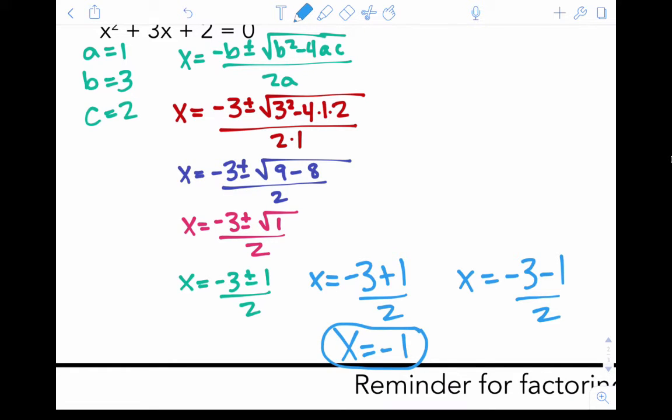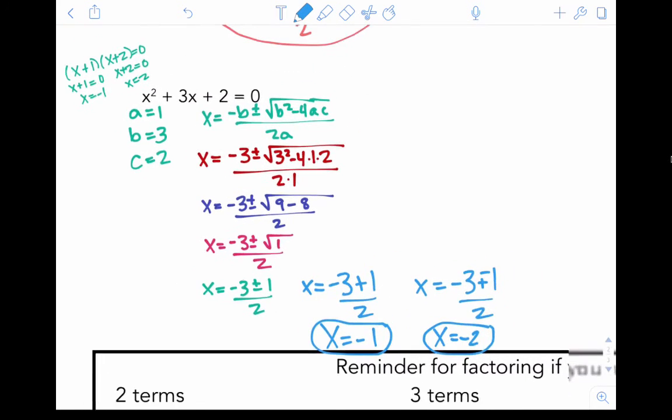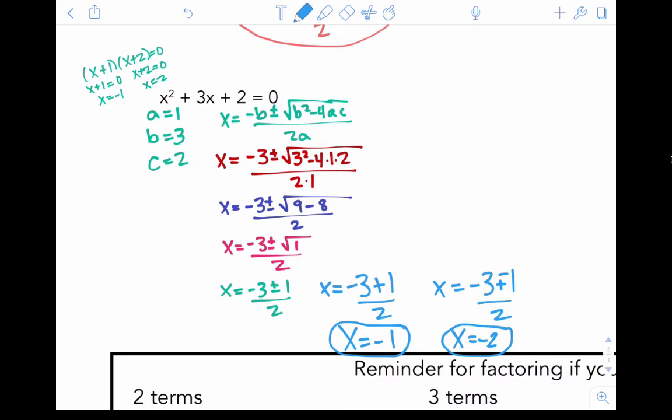And then negative 3 minus 1, I'm going to add the opposite. Negative 3 plus negative 1 is negative 4. Negative 4 divided by 2 is negative 2. So I got x equals negative 1 and x equals negative 2, just like over here.